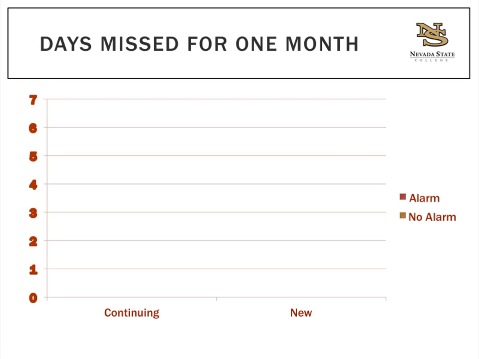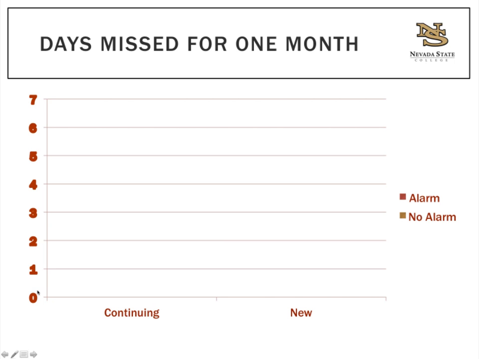Okay, so we're going to put the bars for continuing here, right? The bars for the new medication here. Both groups of patients will have a bar for those who got the alarm and a bar for those who did not get an alarm.